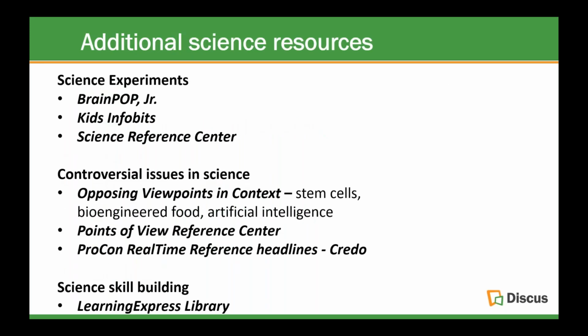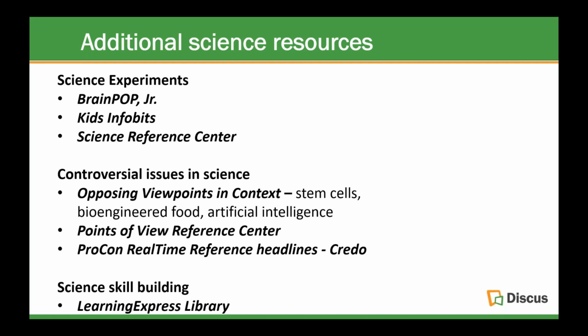And then there are additional science resources where you will find your science experiments in BrainPop Junior, Kids Infobits, and Science Reference Center. So those are going to be appropriate to grade level, obviously, as well. Controversial issues in science can be found in Opposing Viewpoints in Context, our Points of View Reference Center, and our new Pro-Con real-time reference headlines that you'll find in Credo.